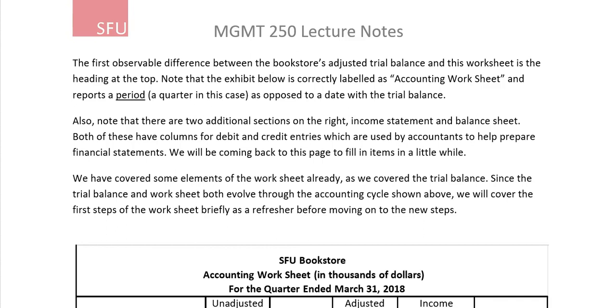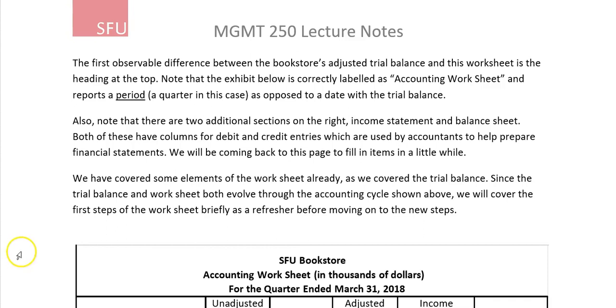Also note that there are 2 additional sections on the right. There's going to be an income statement and balance sheet. And note that both of these have columns for debit and credit entries, which are used by accountants to help prepare financial statements. So we will come back to this page to fill in the items in a little while.